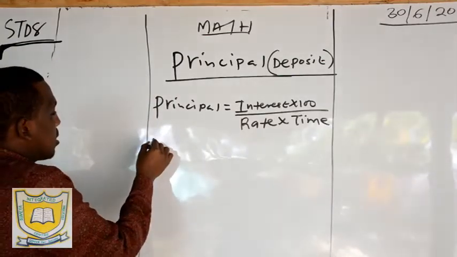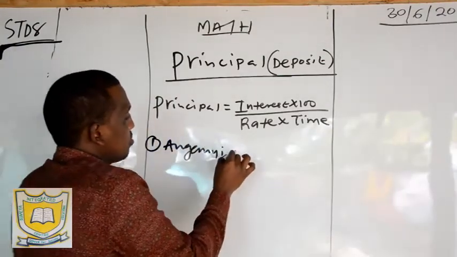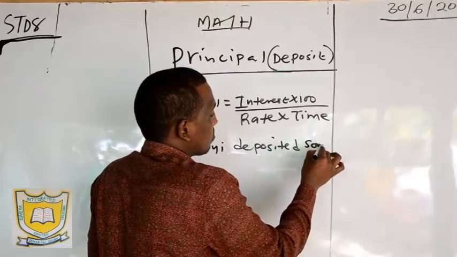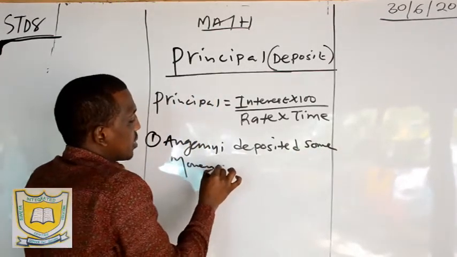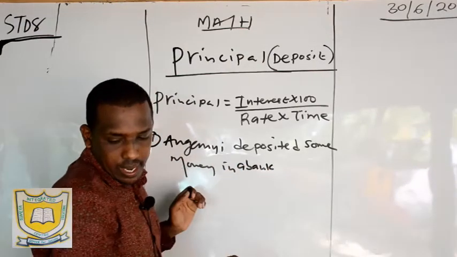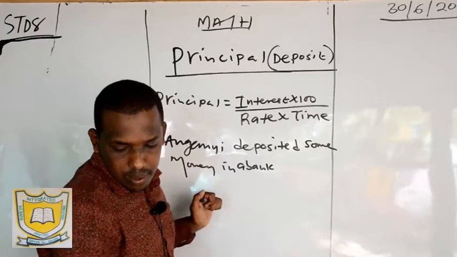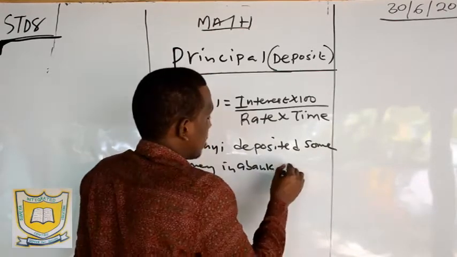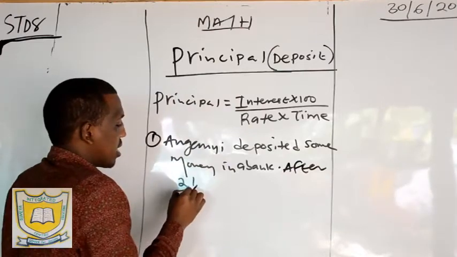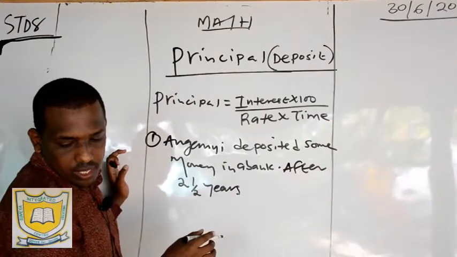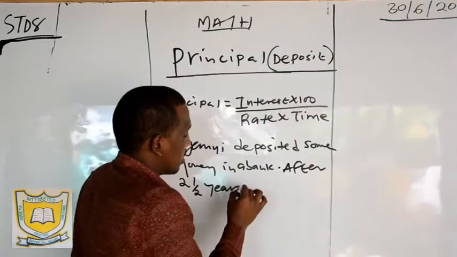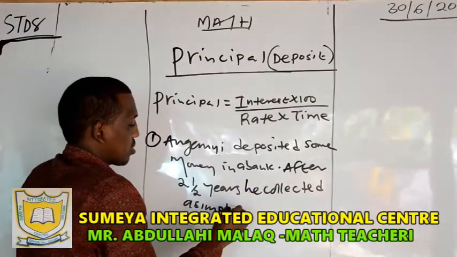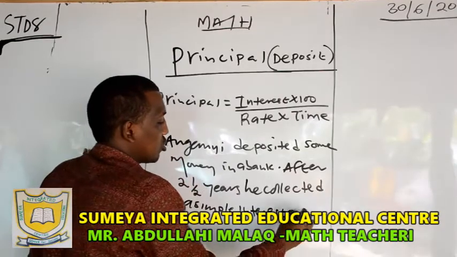Ogonyo deposited some money in a bank. After 2.5 years, he collected a simple interest of shillings 500.